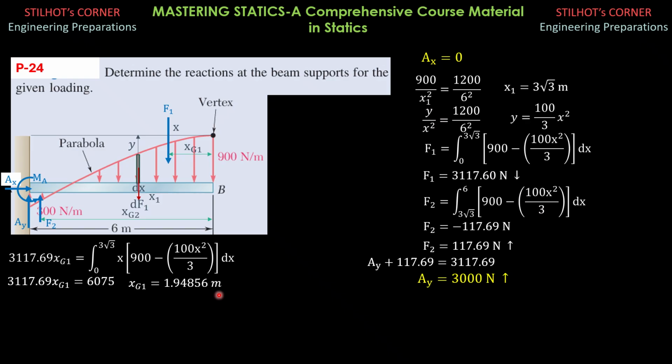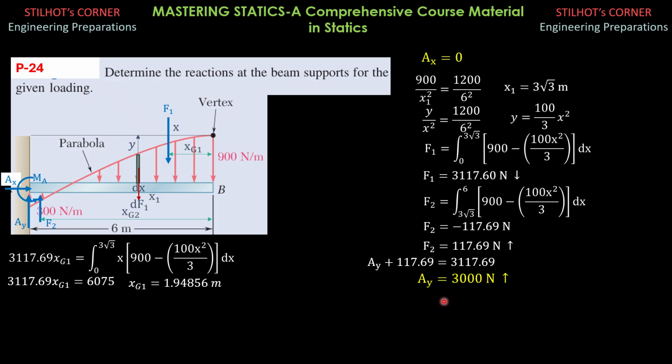So for that parabola, you can just locate its centroid. This is the spandrel of a parabola, and the centroid is 3/4 from the vertex for the spandrel of a parabola. And from the left end, it is 1/4 of 6 for that case. But don't mind because we're considering this parabola here.